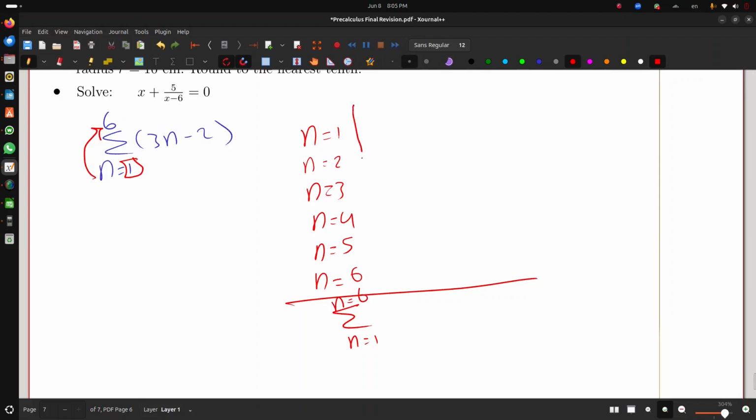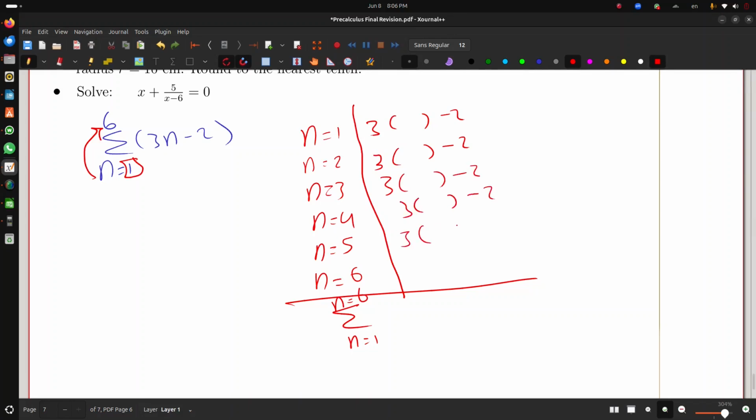Okay, what we're going to do here, this is 3 minus 2, 3 minus 2, and so on. You just need to plug in the numbers. So in place of n, we'll plug in 1, 2, 3, and so on.